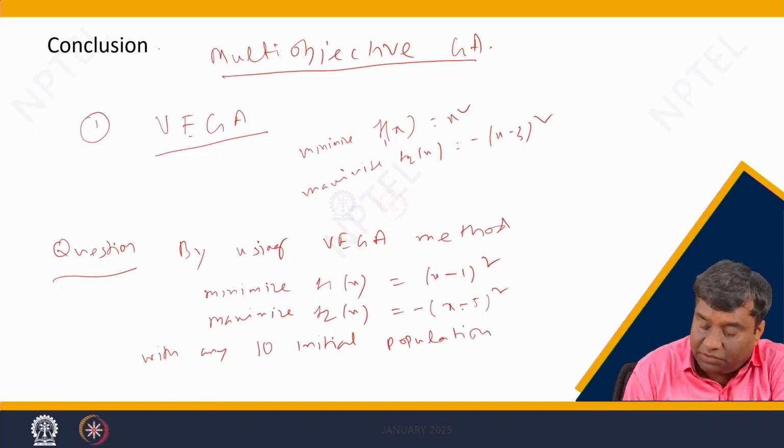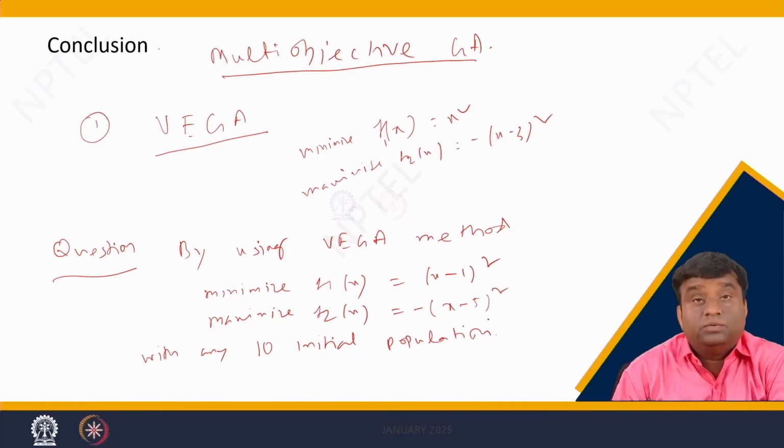So if you have population 5 and 5, try to solve these questions.